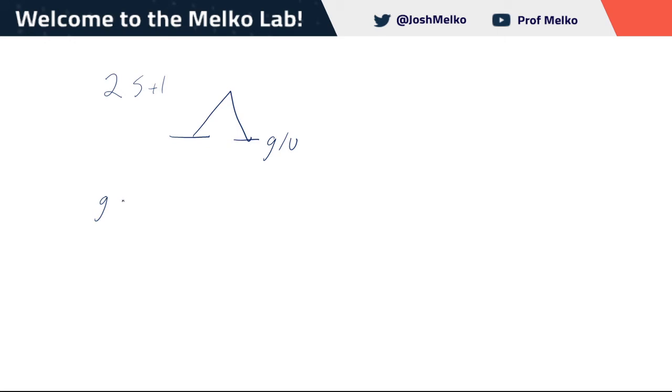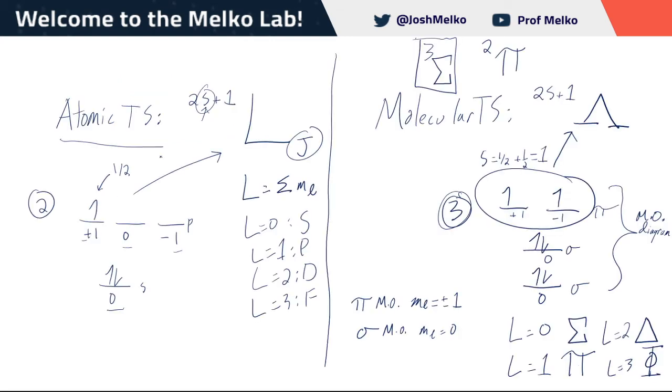Gerade, if all partially filled molecular orbitals are gerade. So again, we have to go back to our molecular orbital diagram and see whether these are pi gerade or pi ungerade. These are sigma gerade or sigma ungerade.